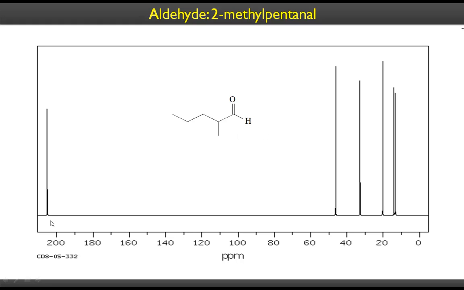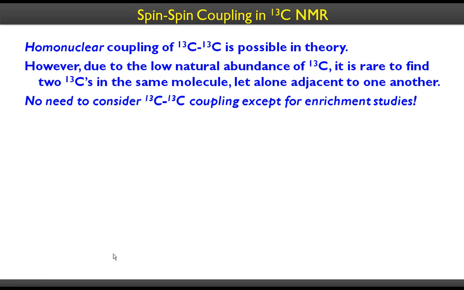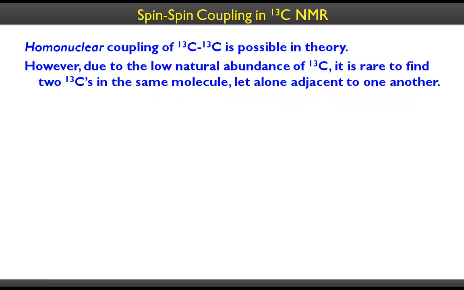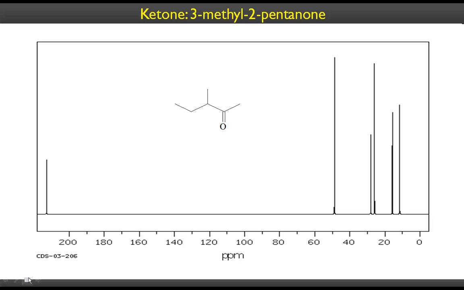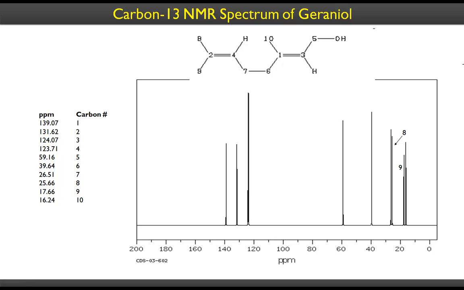For example, you see this around 200-ish, whereas a ketone carbonyl has a chemical shift of 220, whereas an aldehyde carbonyl has a chemical shift of 200. Okay. So you can distinctly tell them apart, whether they are aldehydes or ketones, depending upon the position of the carbonyl.